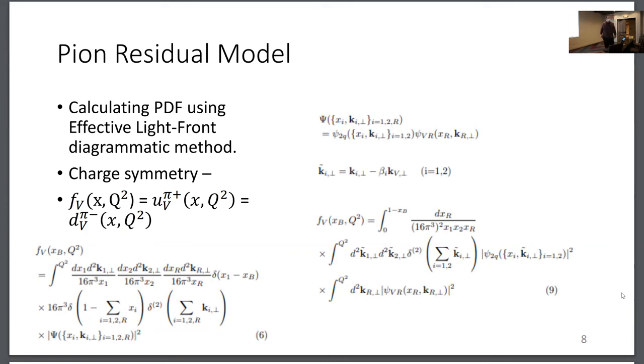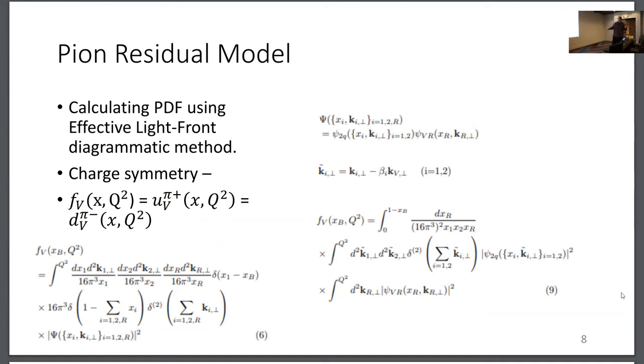Oh, yeah, of course. This is what we mean by the pion valence PDF, because there's an antiquark and a quark.